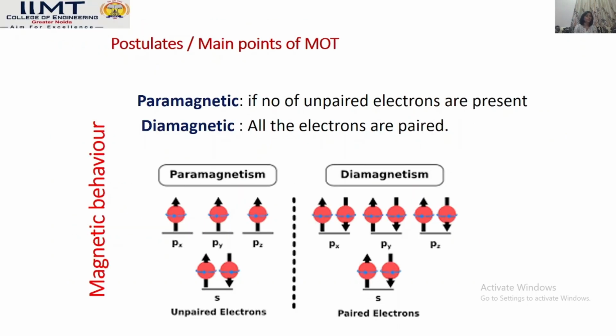Magnetic behavior. If unpaired electrons are present in a molecule, it shows paramagnetic nature, and if all the electrons are paired, then it shows diamagnetic nature. The examples are also given in the figure.